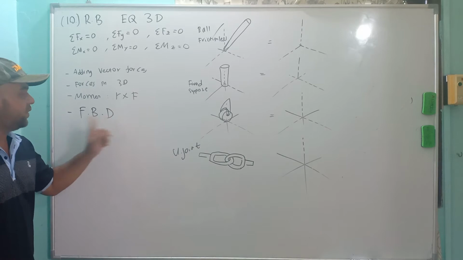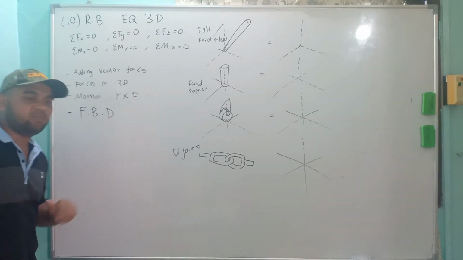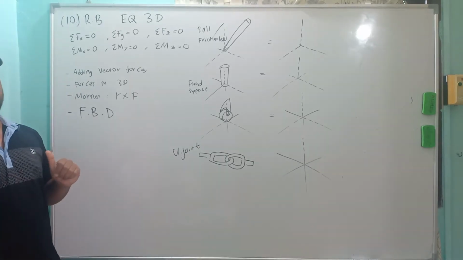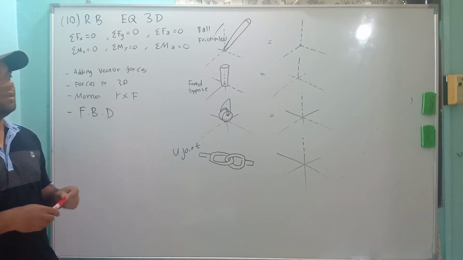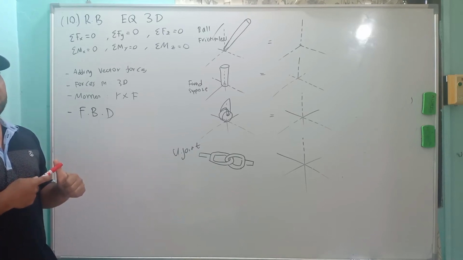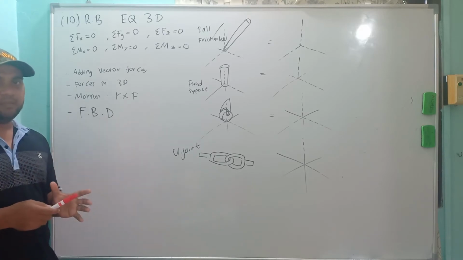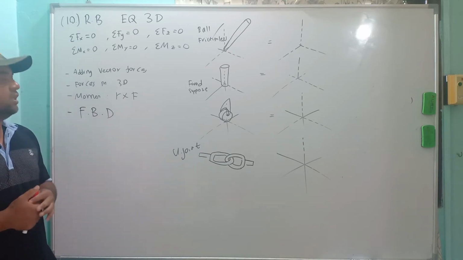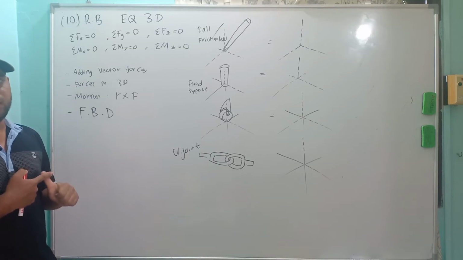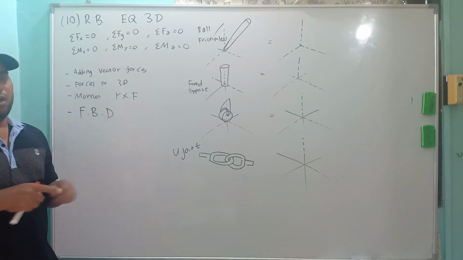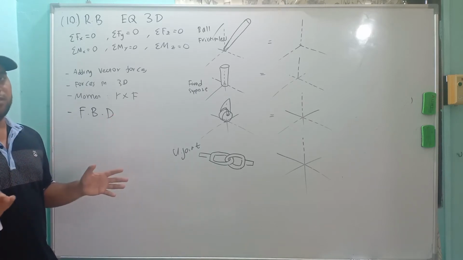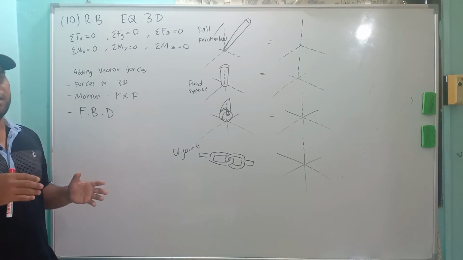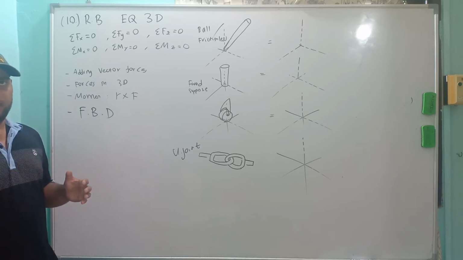Now, the free body diagram. Previously we learned that the first thing we do is separate the components. I will not write it again because I have repeated it several times. First we separate the component to make sure we know what is involved: the external forces, and whether there is any cable or spring and so on.